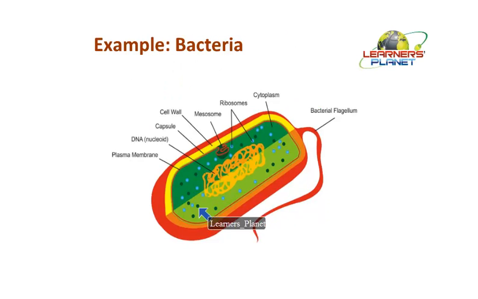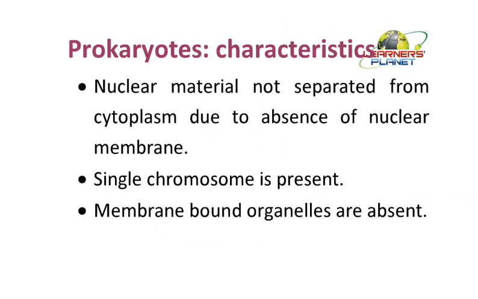So now is the time to understand the basic characteristics of prokaryotic cells. Besides its nuclear part, we have just defined the organism on the basis of the complexity of its nucleus. Now let us study the various other characteristics of these prokaryotic cells, or you can say the organisms.